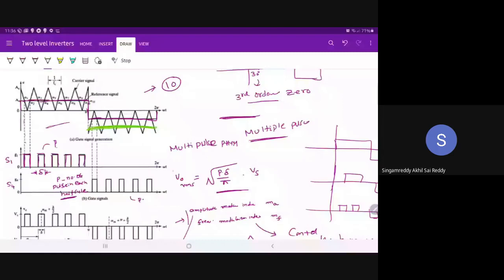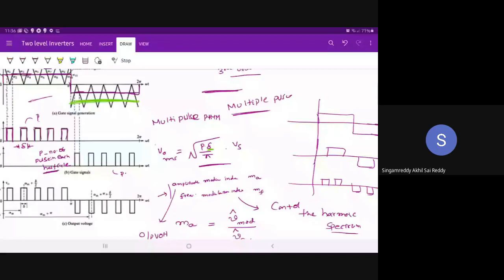So this delta will be increased, and therefore the output voltage will be increased. The amplitude modulation index controls the output voltage, whereas the frequency modulation index can control the harmonic spectrum. Clear?